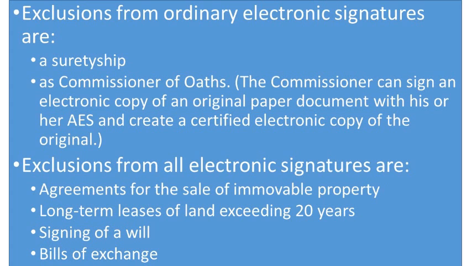Then there are aspects that cannot be signed via electronic signature at all, and those are, amongst others, an agreement for sale of immovable property, land of course, long-term leases of land that exceed 20 years, the signing of a will and a bill of exchange. Other than that, everything else is covered by the Act.